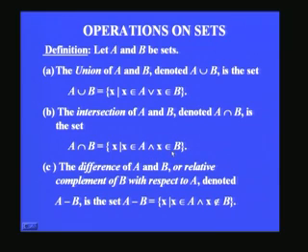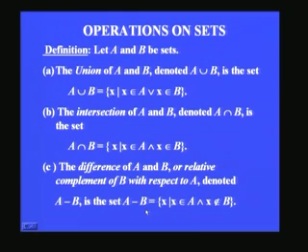So A intersection B consists of all those elements which are elements of both A and B. The difference of A and B, or relative complement of B with respect to A, is denoted as A minus B, and that is the set A minus B equal to {X : X belongs to A and X does not belong to B}. That is, this consists of all elements which are in A but not in B.